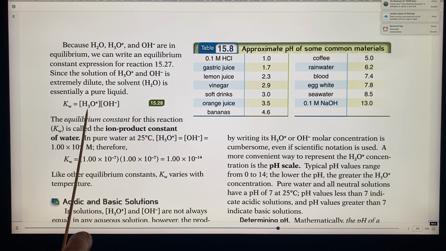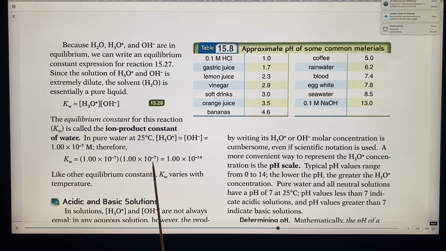Here you have the H3O and the OH. This is the acid and this is the base molecule. It's called the ion product constant of water. This number is going to be 1 times 10 to the negative 7th of the acid molecules, and 1 times 10 to the negative 7th of the base molecules.